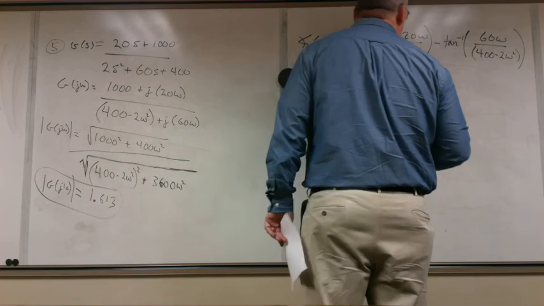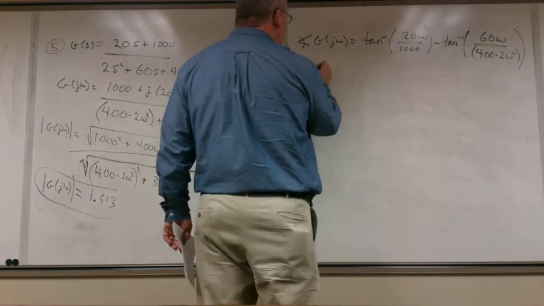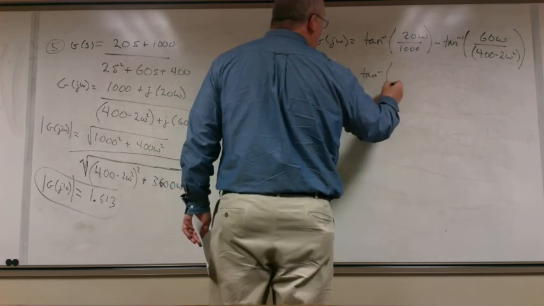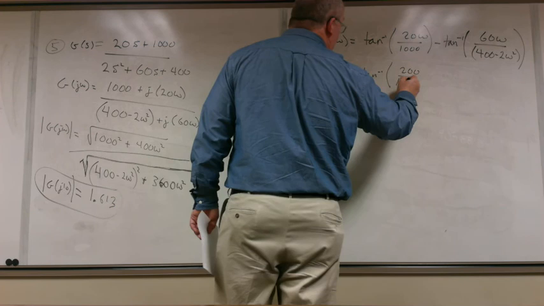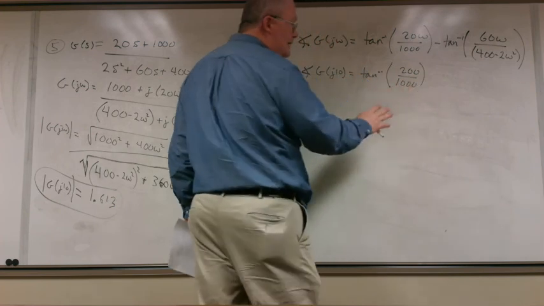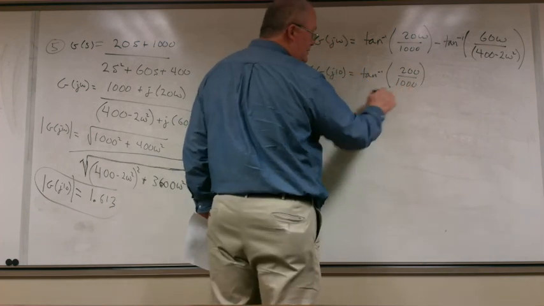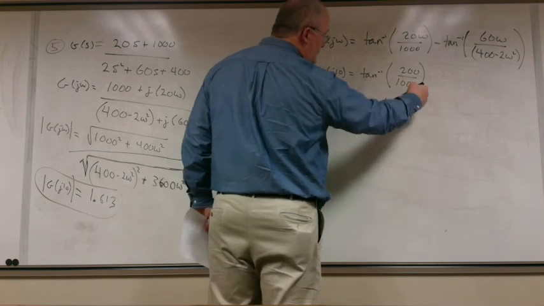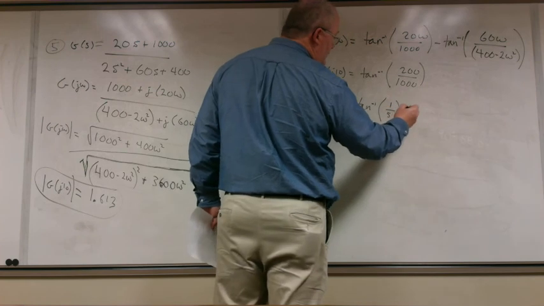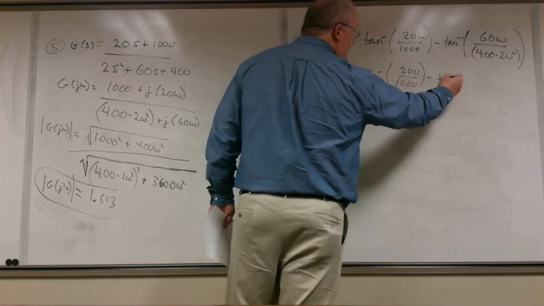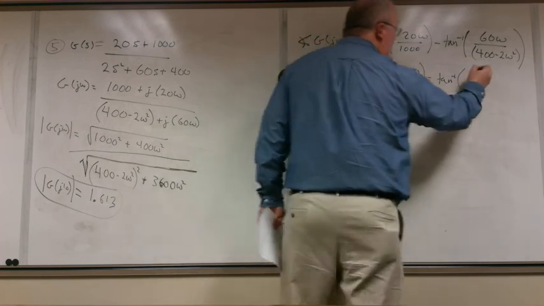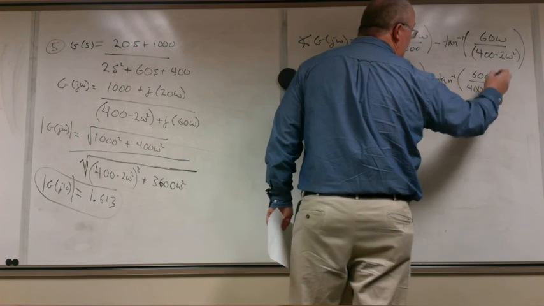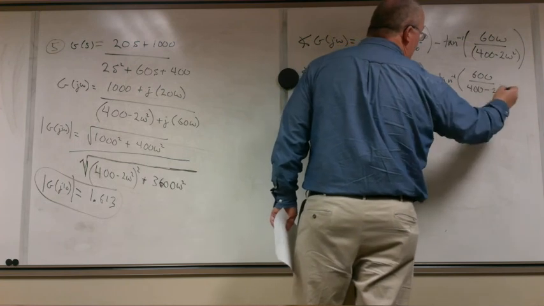Okay, and so if we plug in the angle of G(j10), we should get the inverse tangent of 200 over 1,000, which simplifies to the inverse tangent of 1 over 5, minus the inverse tangent of 600 over 400 minus 2 times 100, so minus 200.